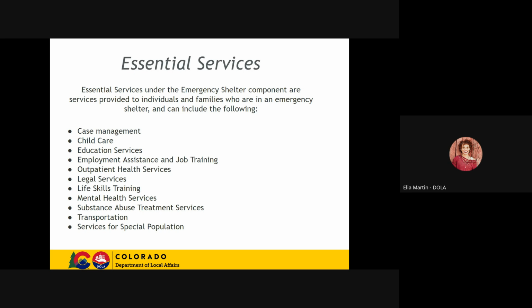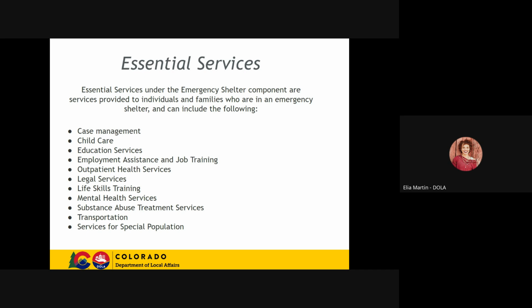Transportation. This includes cost of travel by the participant to and from any medical care, employment, childcare, or other facilities that provide eligible essential services, as well as the cost of staff travel to support these essential services. And then there are services for special populations.